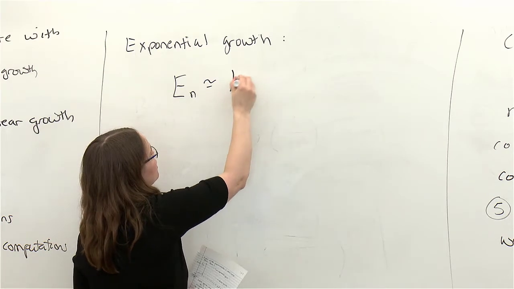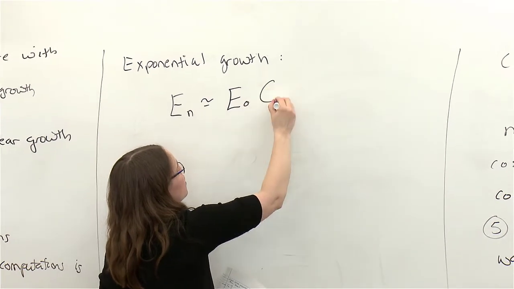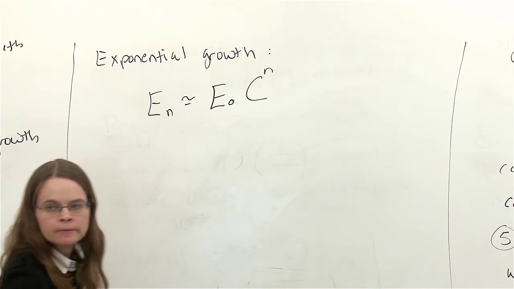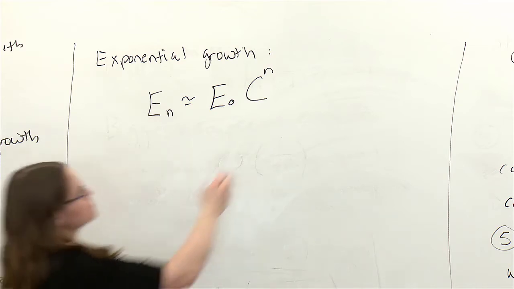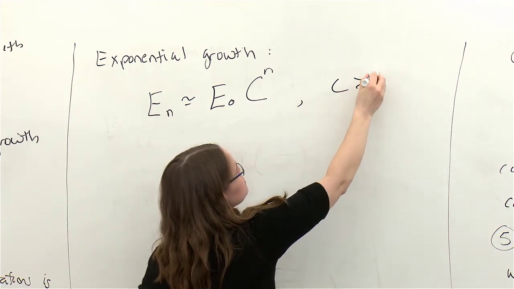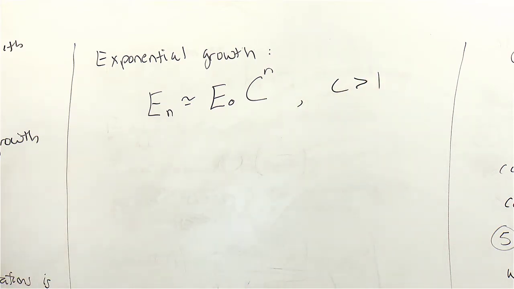We're going to have our initial error times some constant to the nth power. And if our constant is bigger than 1, we're going to get this shape, this exponential growth. Okay, this is unacceptable. So if you analyze your method and you say, oh, it's going to do this to the error, then that's not the method that you want to use.